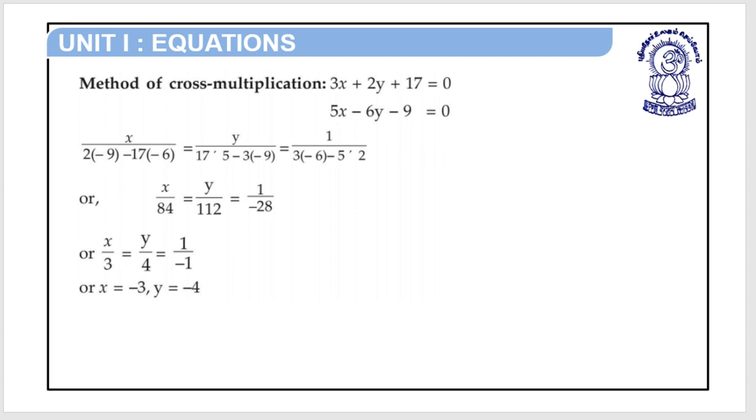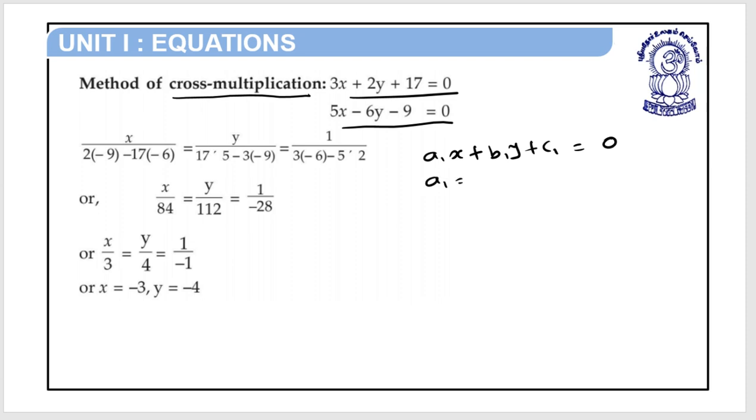Now we are using the cross multiplication method. Here the two equations are 3x plus 2y plus 17 is equal to 0 and 5x minus 6y minus 9 is equal to 0. Compare with a1x plus b1y plus c1 is equal to 0.